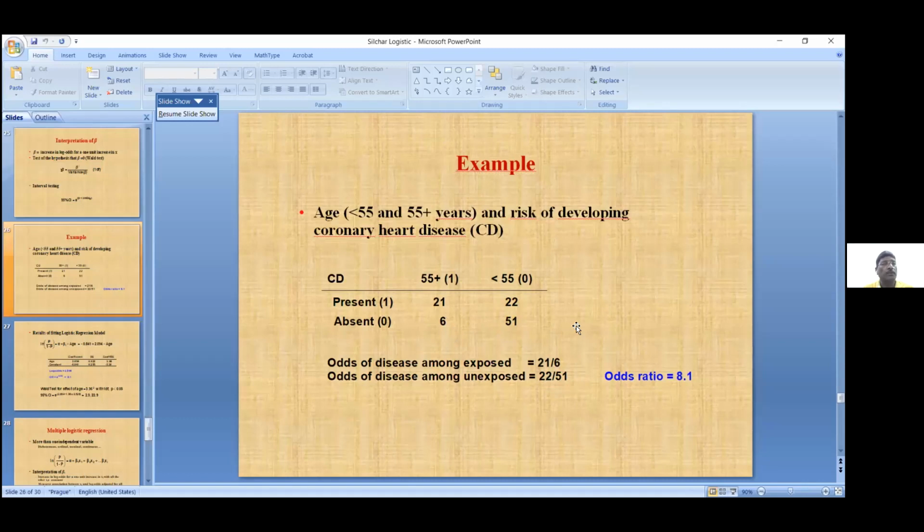Actually, software does this. So when you have a 2x2 table, use this particular formula. If you don't have one, use software directly, whether it is SPSS, Stata, or R; everywhere it is the same way to get the logistic regression.